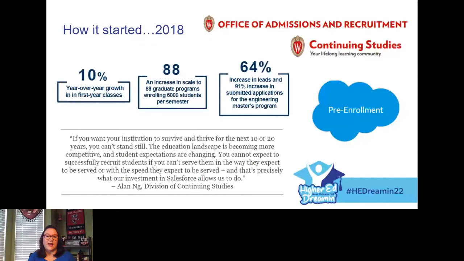An example of that is in the first couple of years, we saw a 10% year-over-year growth in our first year classes. So that success combined with this visionary approach to what we need to do with our students really started to grow the interest across campus. And it even went all the way up to some of our leadership. They were really getting on board with how do we adjust what we are doing to meet the students' needs and their expectations.